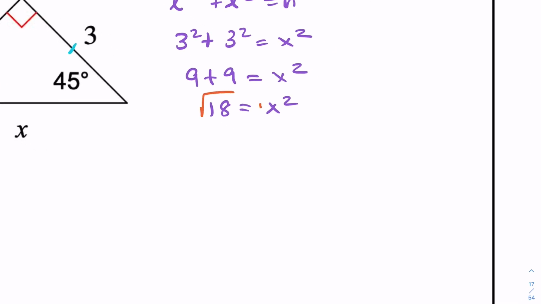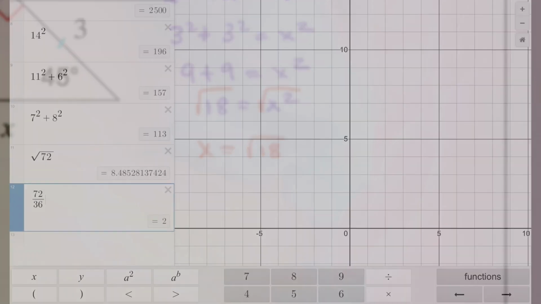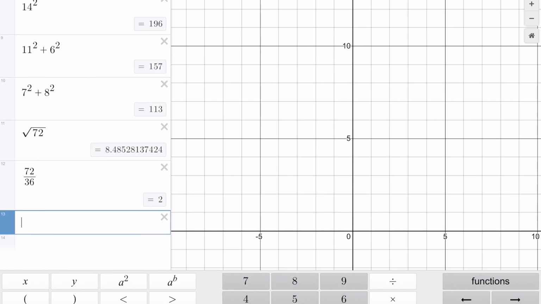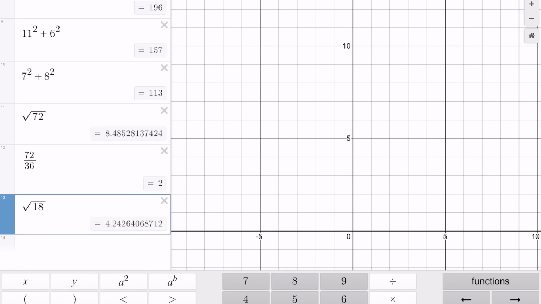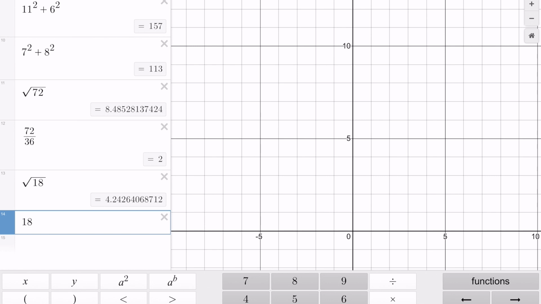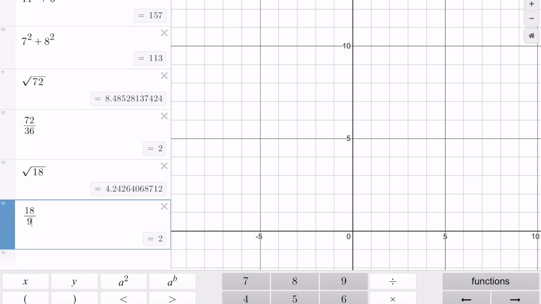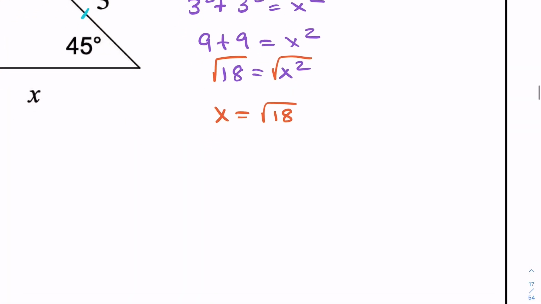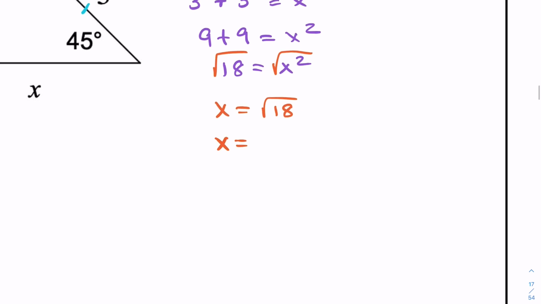So x equals the square root of 18. Well, 18 we should know is not a perfect square, and 18 is divisible by 9. So it's 9 and 2. So x equals the square root of 9 times the square root of 2.